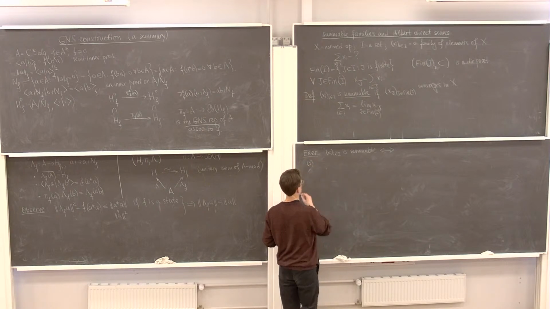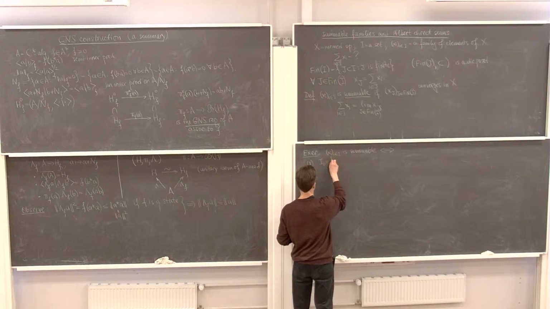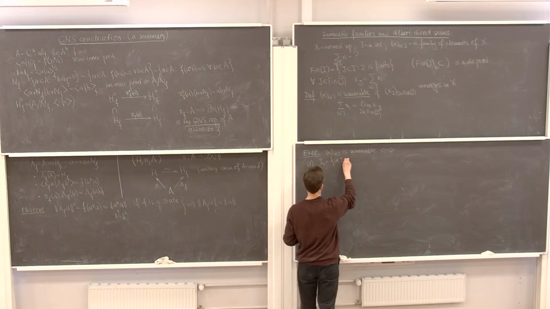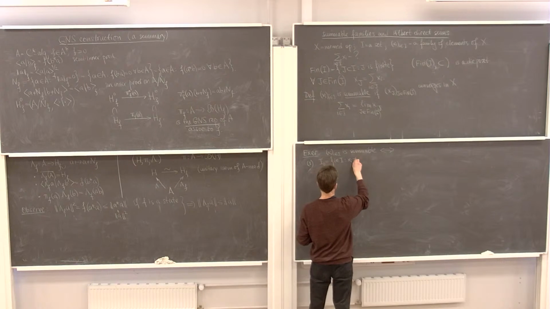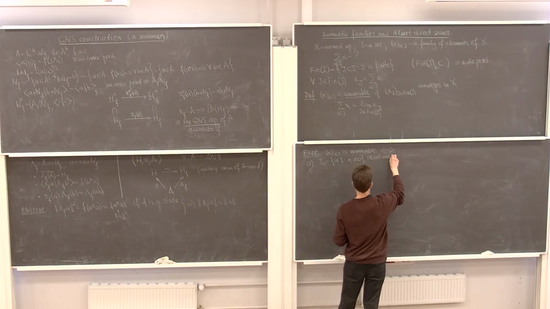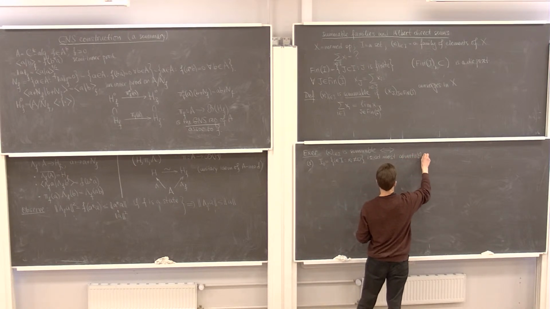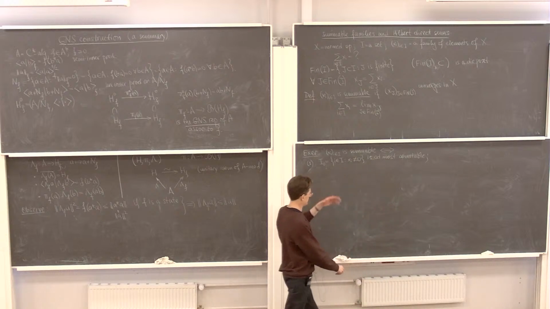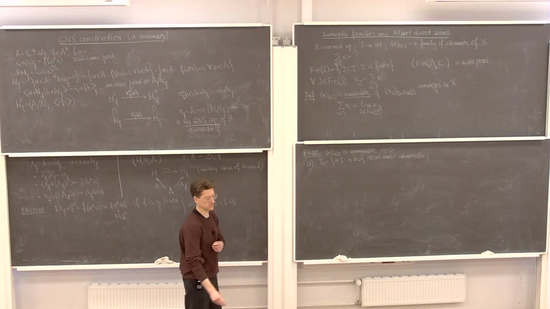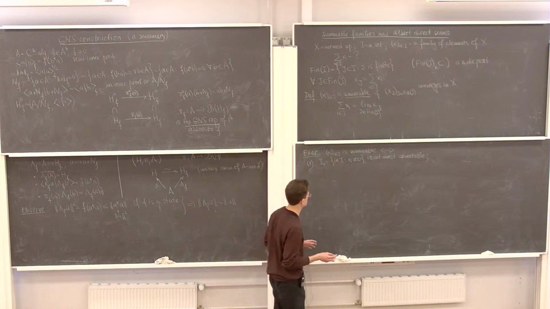First of all, the set I0 of those indices i for which xi is not 0 is at most countable. So in other words, our family is essentially countable. So it is supported on an at most countable set.